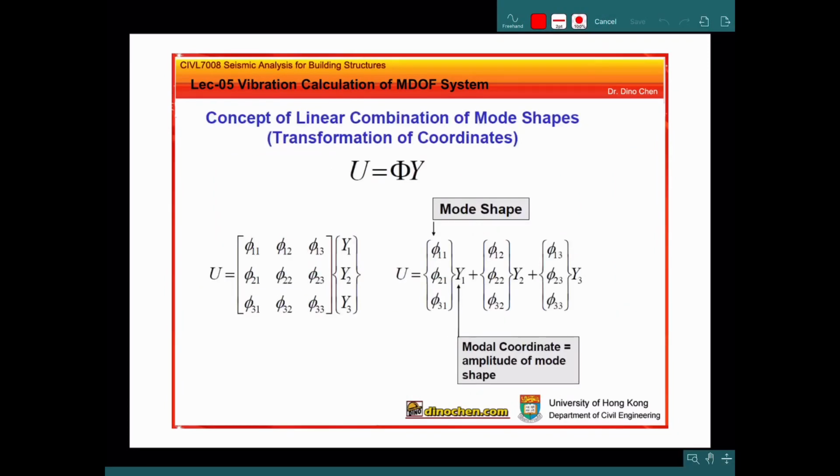So we can use this equation to describe each node's displacement. Each vertical one, this one is the mode shape, and this one we call the modal coordinate amplifier of the mode shape. So we can use this one to describe each node's displacement. So this is the assumption for the modal superposition method.